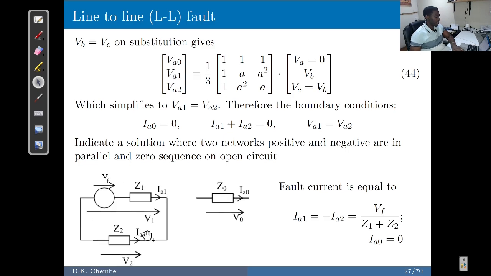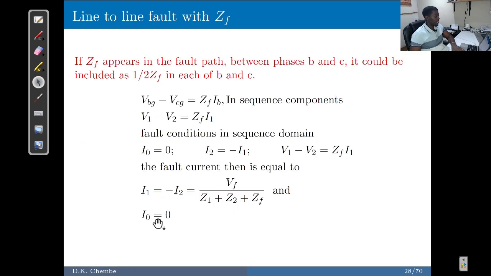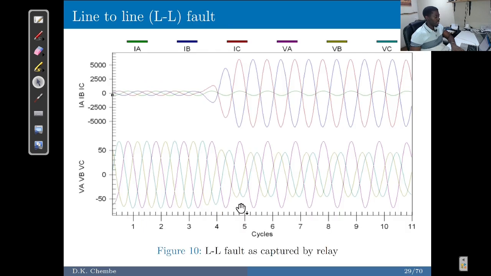So this is the way the network is going to be connected when you're dealing with a line-to-line fault. In addition, if there is a fault impedance, then you simply add that fault impedance to the impedance for the zero sequence, for the positive sequence and the negative sequence.